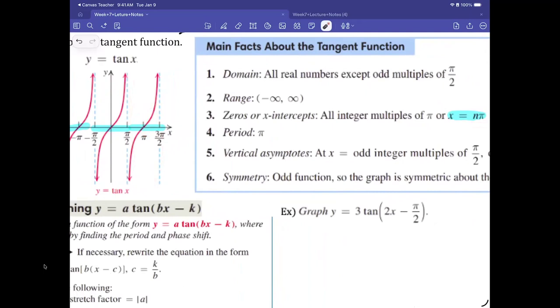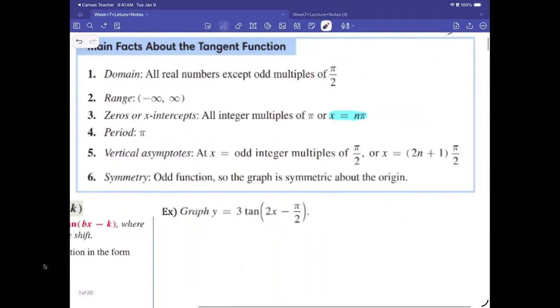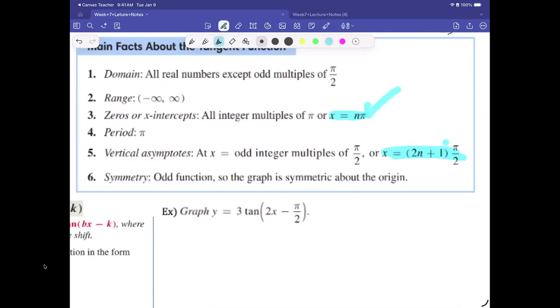And then the vertical asymptote is this. I know it looks weird, but x is equal to 2 times n, okay? First cycle, second cycle is n, plus 1 times pi over 2. That is the vertical asymptote. So you have to focus on this and that.